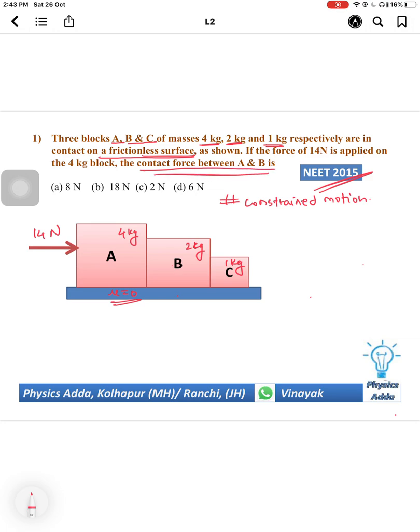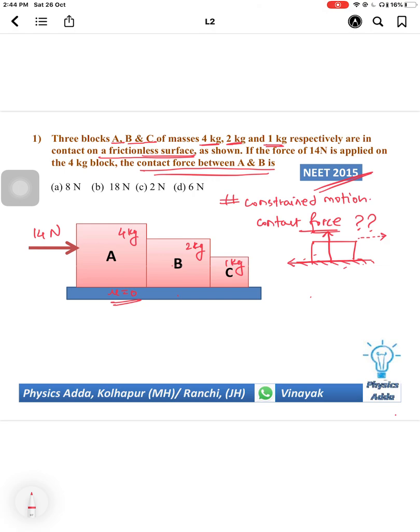What is the concept? Contact force. What is contact force? If I am having a block like this, and this block is moving towards the right, then the surface will exert a normal reaction perpendicular to the surface on the block, whereas friction will always act opposite to the direction of relative motion.